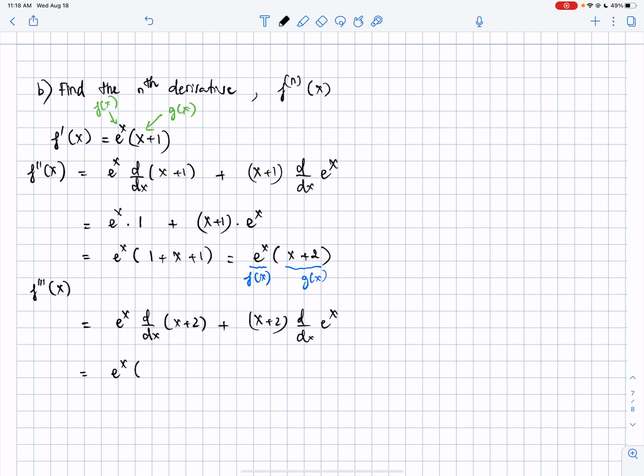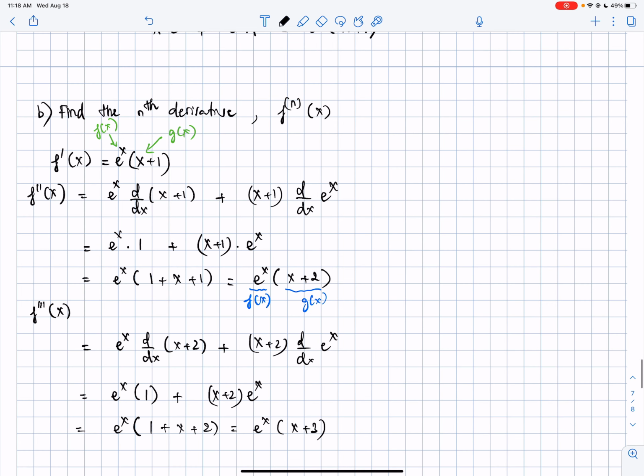Then the first derivative of x plus 2 is 1, and the first derivative of e to the x is e to the x. We factor out e to the x, so we got 1 plus x plus 2, and that will become x plus 3 inside the parentheses. Okay, now we do the last one.